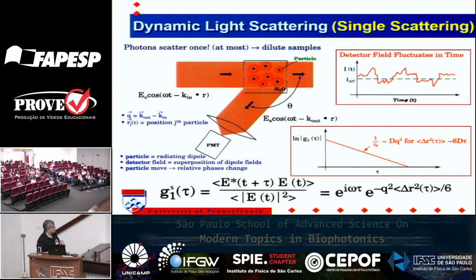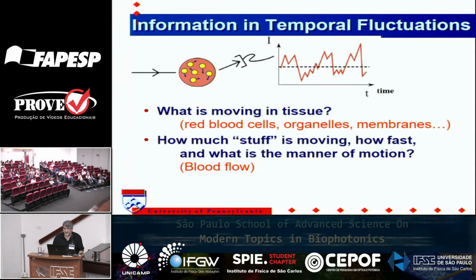This is the other kind of measurement that I'll be showing you, and the reason it's so powerful is that it lets me look at blood flow. The blood flow in your tissues depends on how much stuff is moving and how fast it's moving. So I can measure blood flow responses by measuring these temporal fluctuations and looking at their changes.